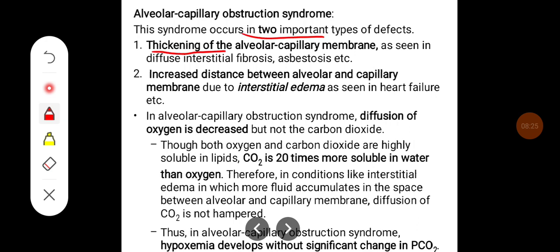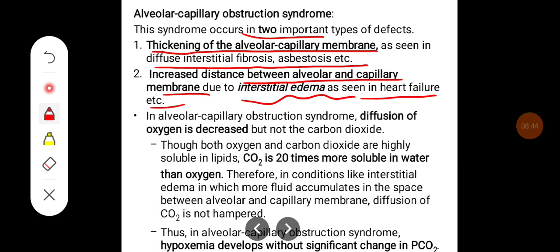One is thickening of the alveolar capillary membrane, as seen in diffuse interstitial fibrosis or in asbestosis, or increased distance between the alveolar and capillary membrane due to interstitial edema, as seen in heart failure, etc. In alveolar capillary obstruction syndrome, diffusion of oxygen is decreased, but not carbon dioxide.